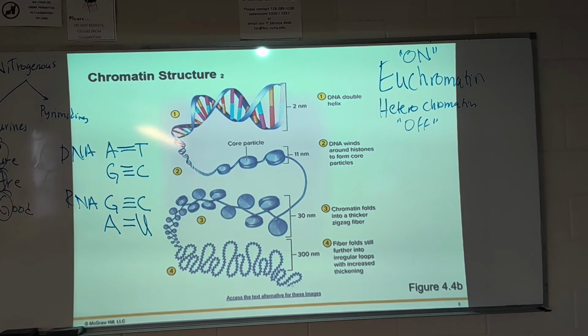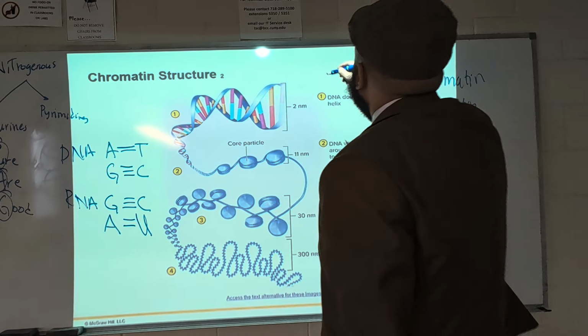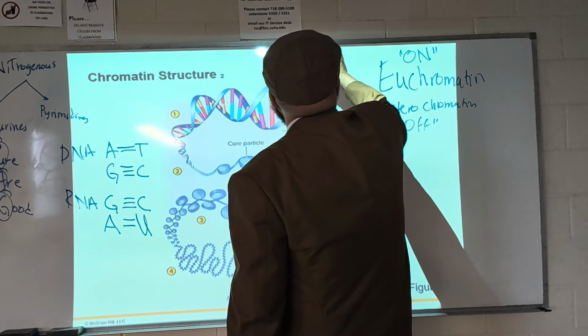When the DNA is alone, we call it DNA. When the histones are empty, we call them histones. When you have the DNA tightly wrapped around the histones, what do we call that now? Nucleosome.